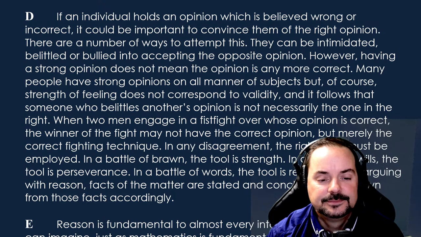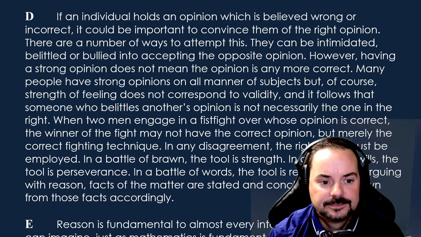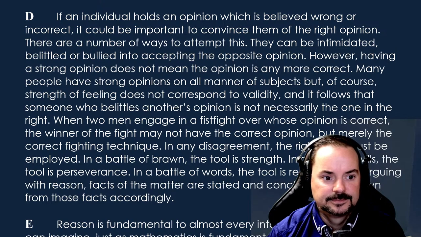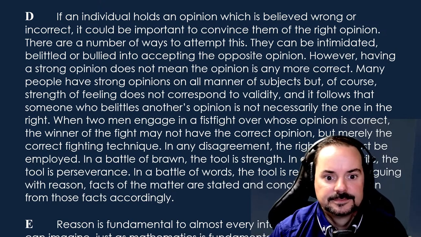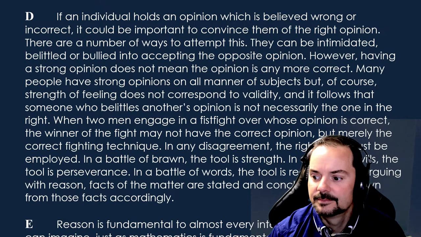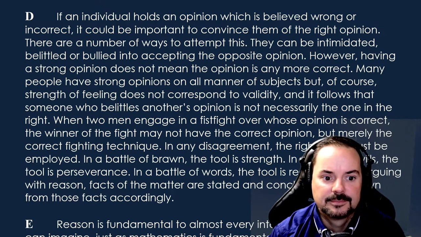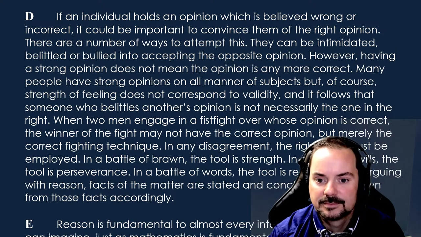If an individual has an opinion which is believed wrong or incorrect, it could be important to convince them of the right opinion. There are a number of ways to attempt this. One can be intimidated, belittled, or bullied into accepting the opposite opinion.